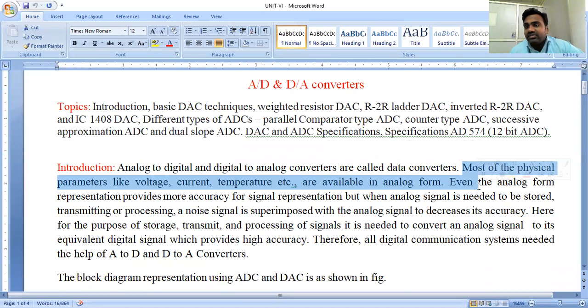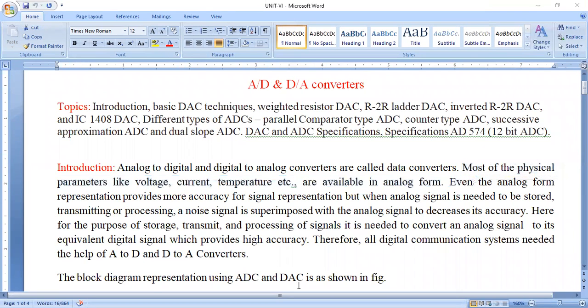In order to measure the signal performance in analog form, we have to be precise and accurate. The signal which is available in nature in an analog perspective plays a vital role in measurement and accuracy.